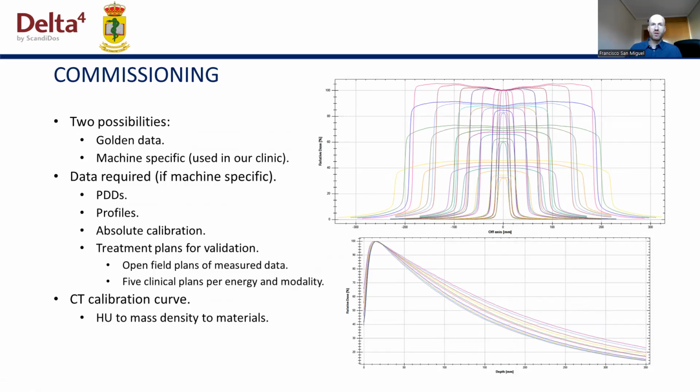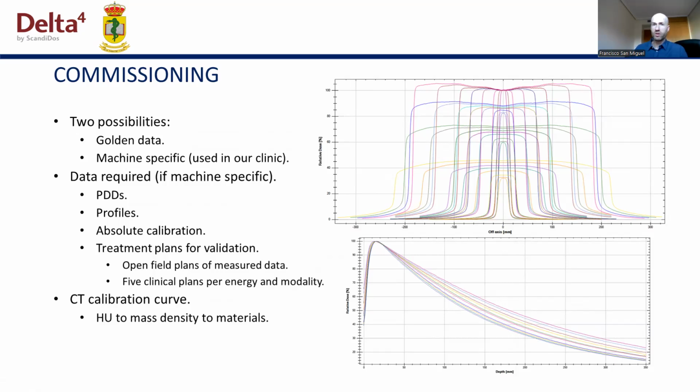If this second option is selected, depth dose curves and off-axis profiles should be submitted for a number of open square fields of clinically relevant field sizes, ranging from the smallest field size used clinically to the largest one. In our particular case, the largest and the smallest measured fields were 40 by 40 and 2 by 2 respectively.